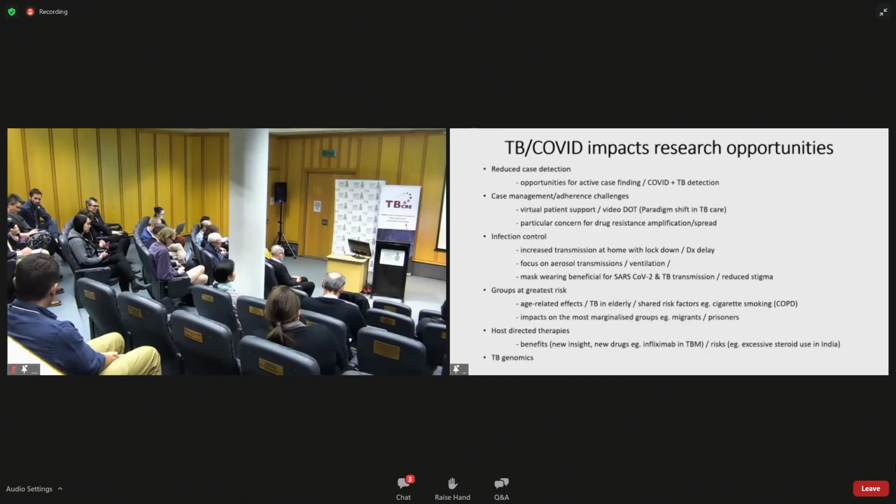So given all the restrictions associated with COVID, how do we support that, because that's also important for COVID in terms of strengthening health services at different levels?